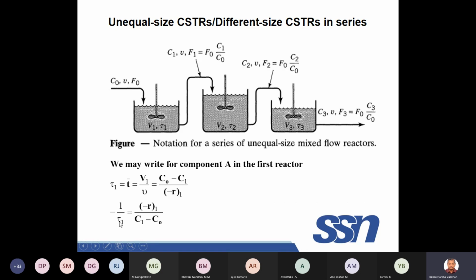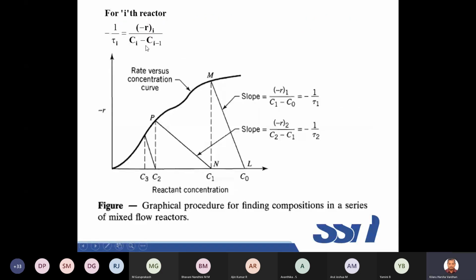Because for the first reactor you get the initial concentration, so for the ith reactor, what will happen? It is the ith reactor minus the previous one. That is what we get. Now how do we calculate this particular thing? Let us draw a curve of minus R versus reactant concentration.